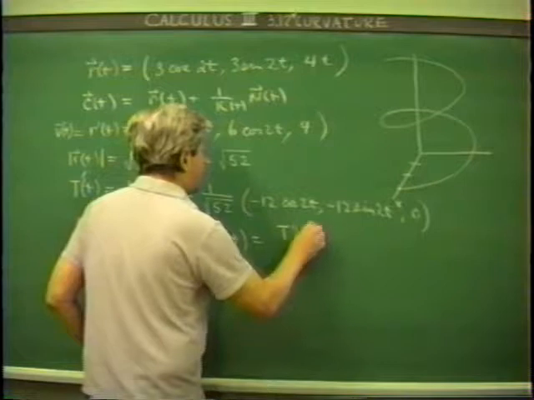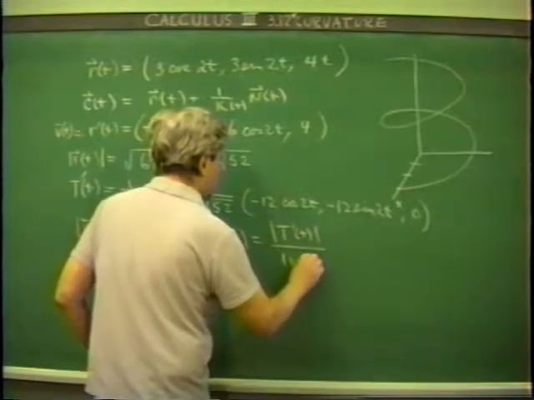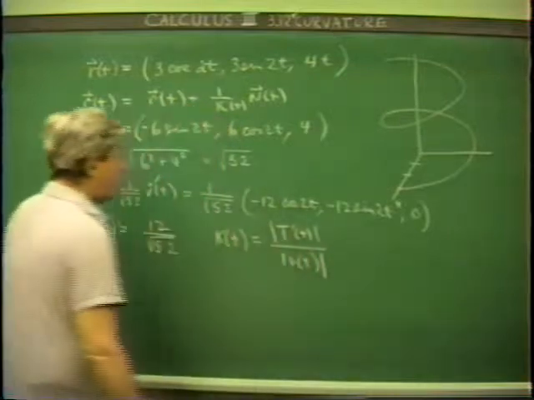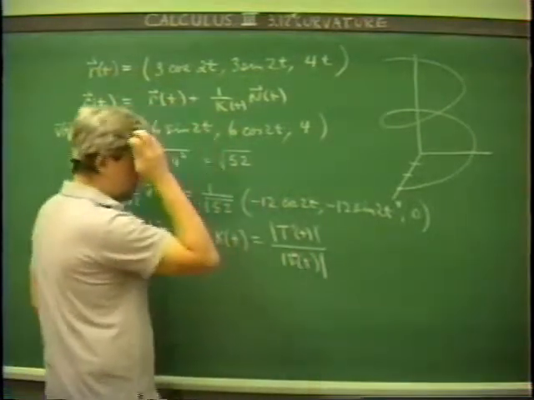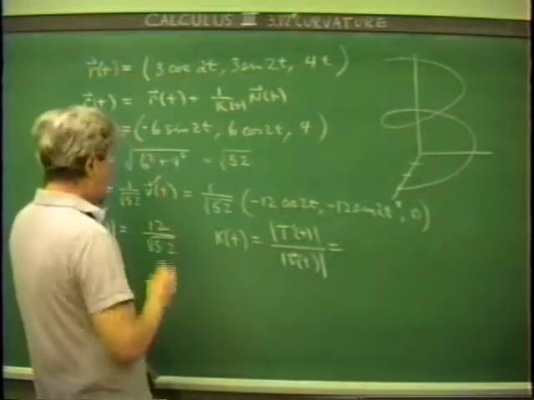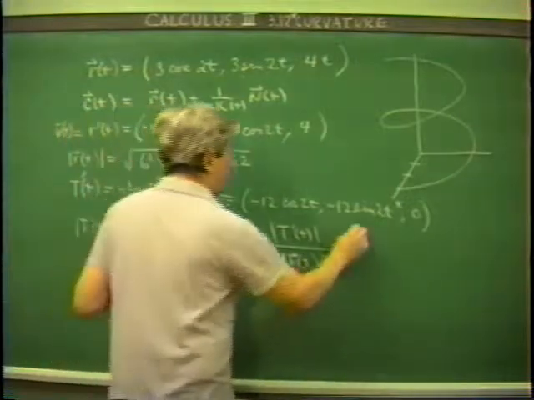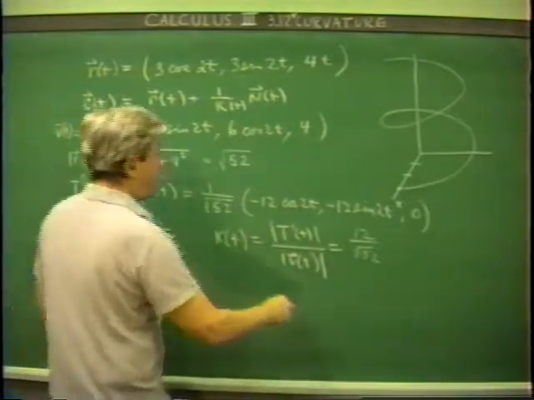So this says that the curvature, kappa, as you'd expect here, is going to be magnitude t prime of t over magnitude v of t, a constant. Expect the spiral here to have a constant curvature.